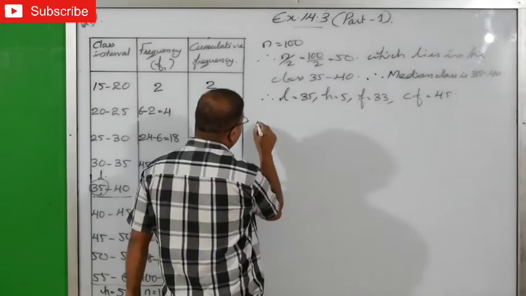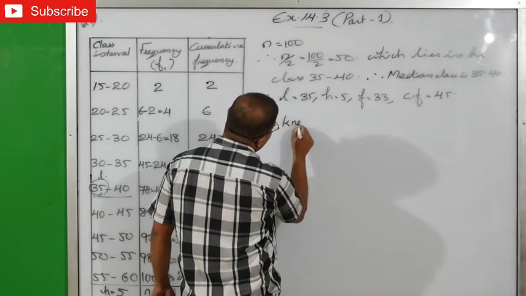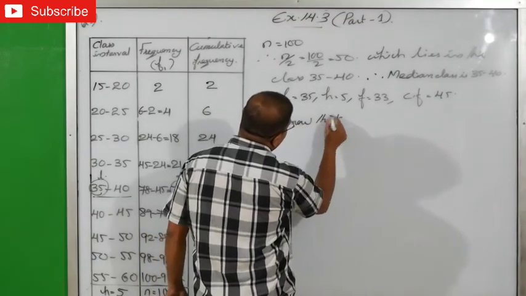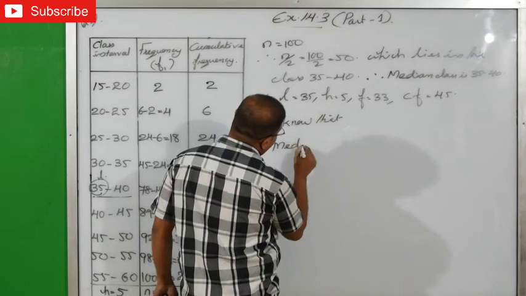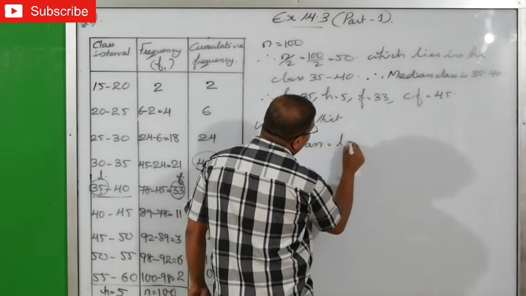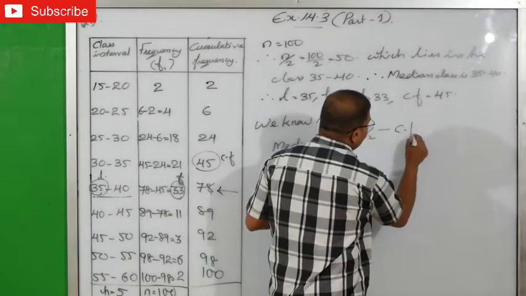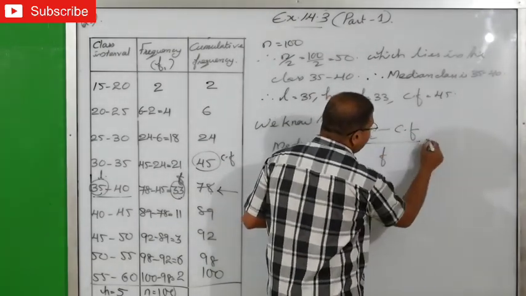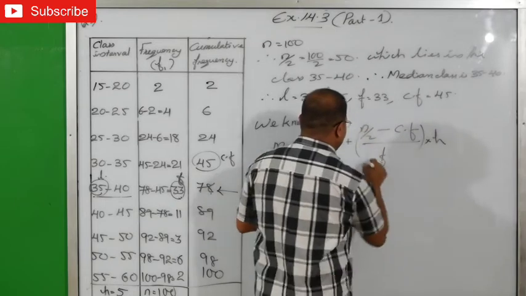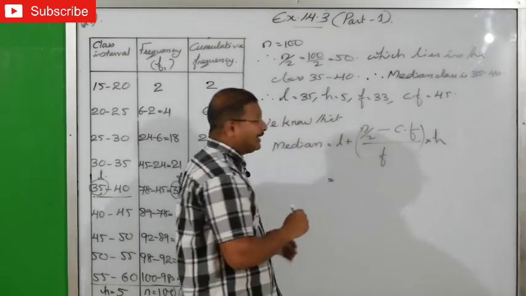What will you do then? We know that median equals l plus n by 2 minus CF by f into h. This equals, what is the value of l?